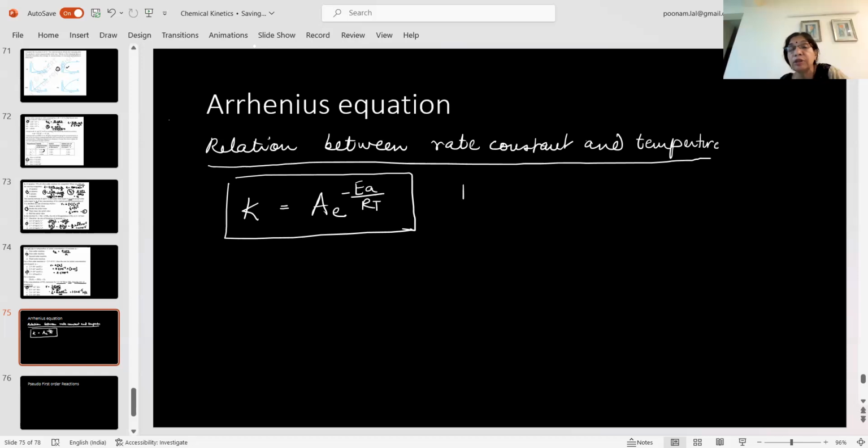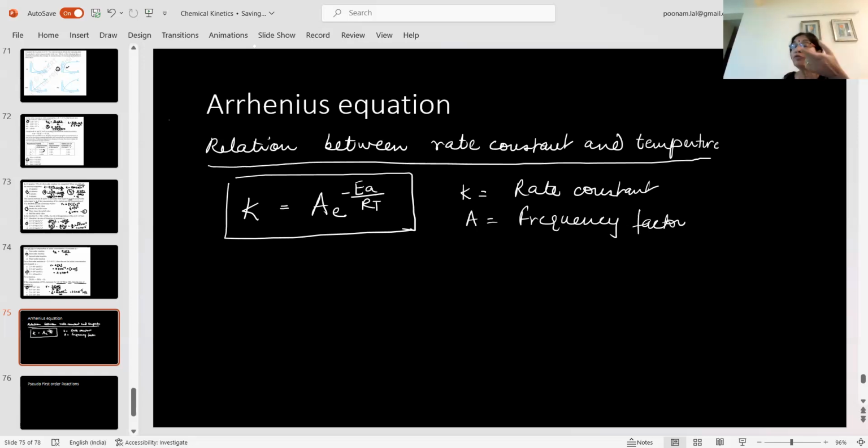Now in this equation, K is the rate constant. Sometimes they only ask you to explain this equation. A is the frequency factor. Those who are present in my class will understand what I am saying. Frequency factor is how many times effective collisions take place in order for a product to be formed. The reactants should collide effectively.